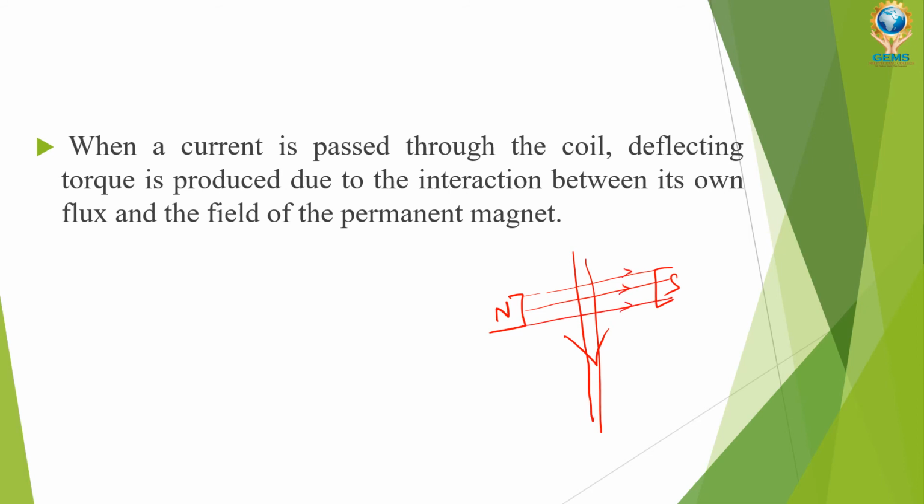When the current is passing in this conductor, around this conductor there will also be some flux lines. These two fluxes are going to interact with one another, and due to them there will be some force. That force will tend to rotate this conductor.